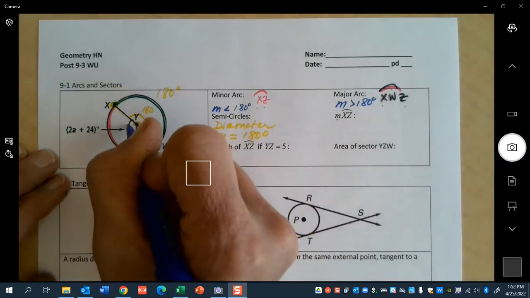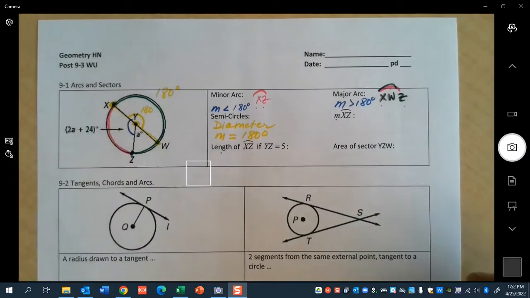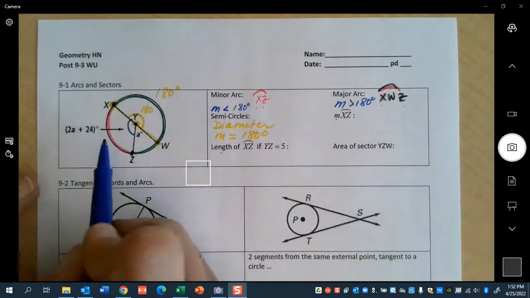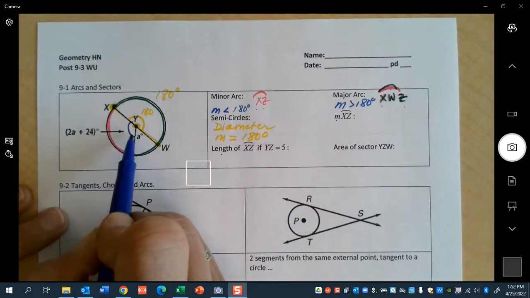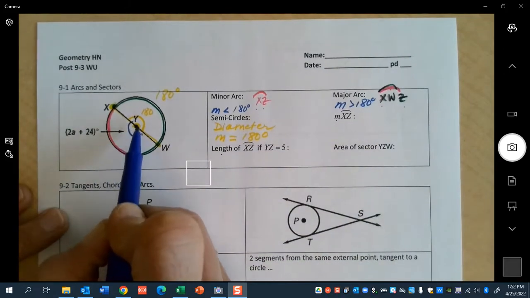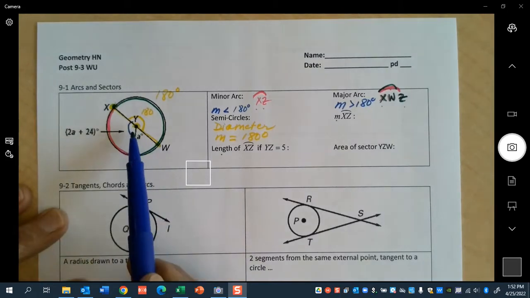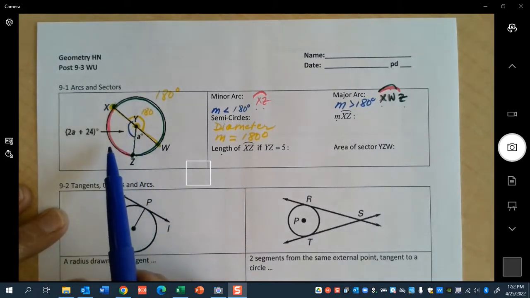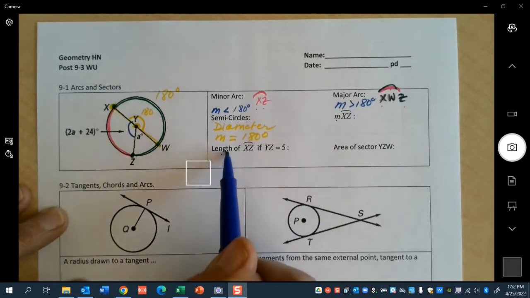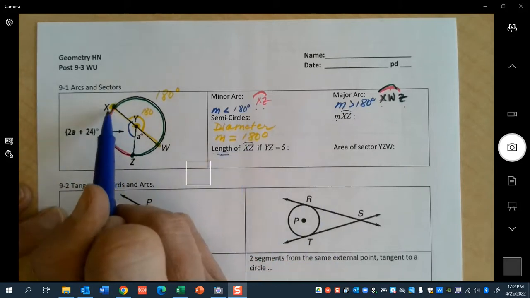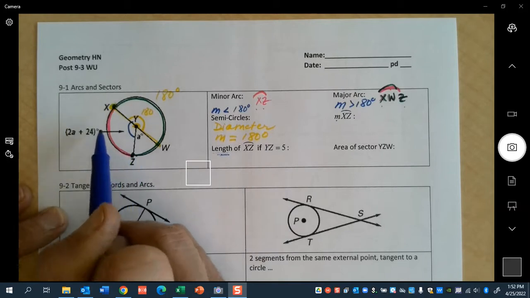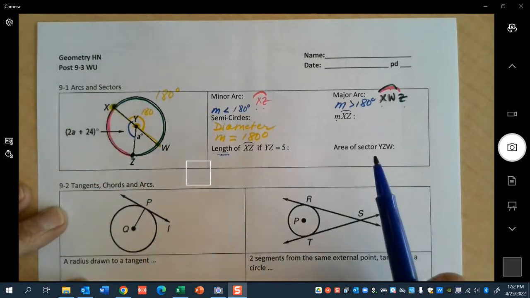So here, this angle measure is going to be the same measure as this arc measure. So this central angle with its vertex on the center is going to have the same degree measure as this arc. When we're talking about the length, we're talking about if I were to put a piece of string around it, how long would that piece of string be?